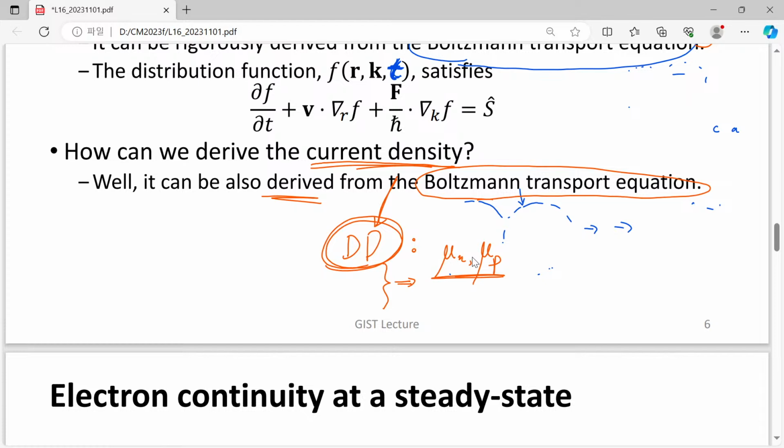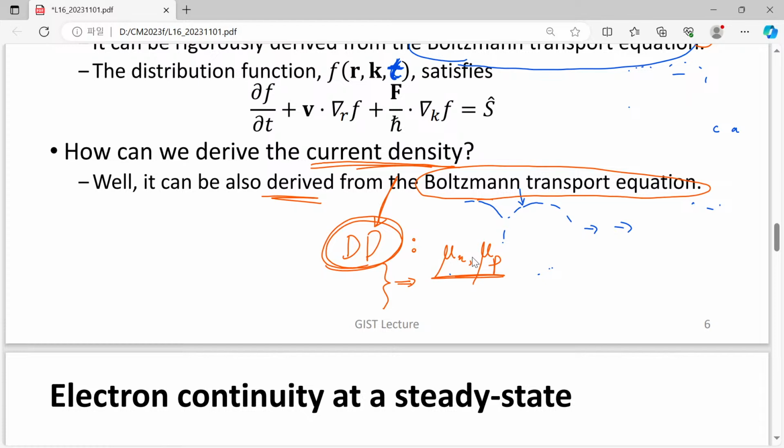Then of course you may have some question. Is this really a justifiable procedure? Should we follow a more rigorous one? But you know that we are working on the engineering side of semiconductor technology development. So if it is too computationally expensive, then it's not possible to pursue that way.